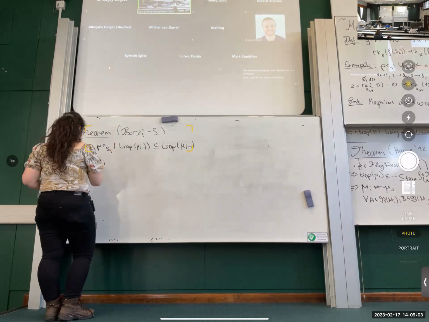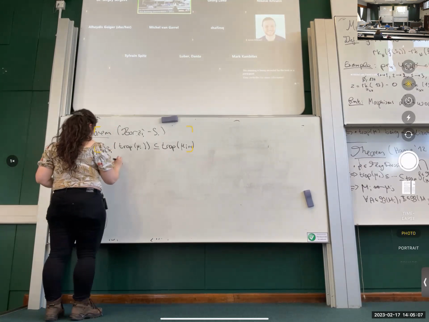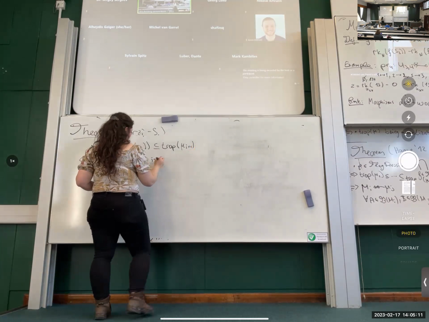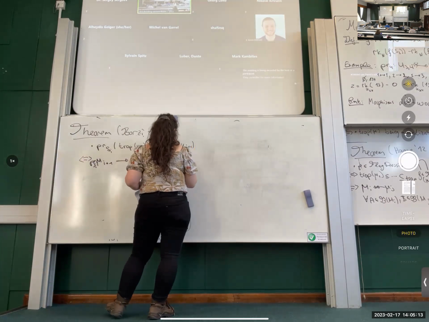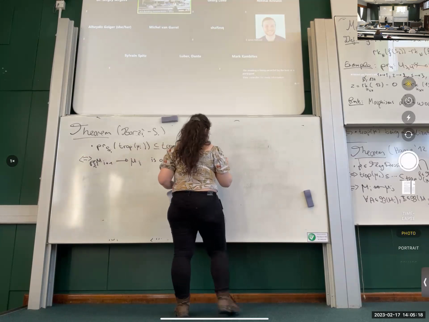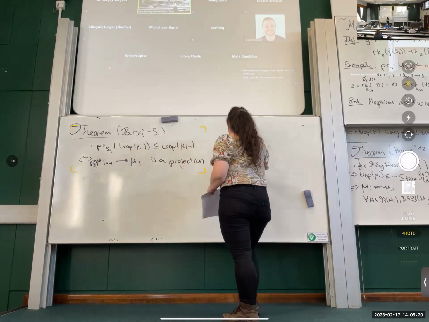So there is a projection from mu I plus 1 to mu I, and it is a projection and a morphism of valuated matroids.